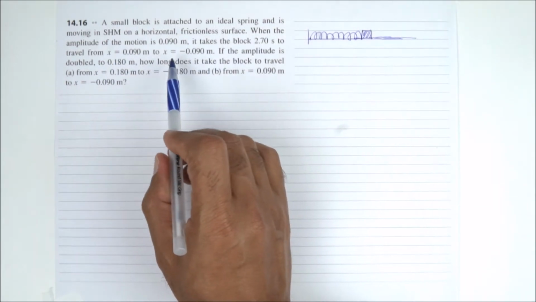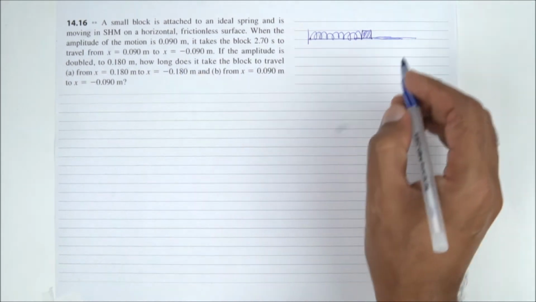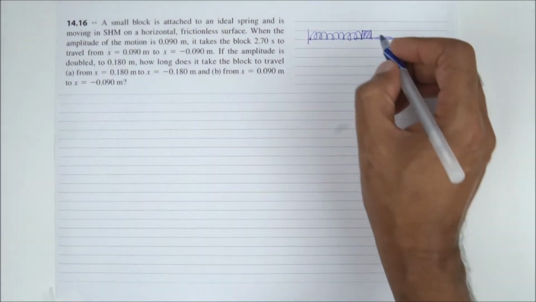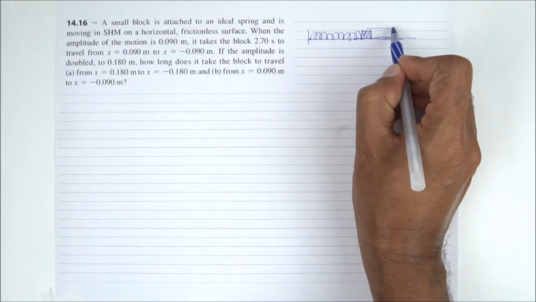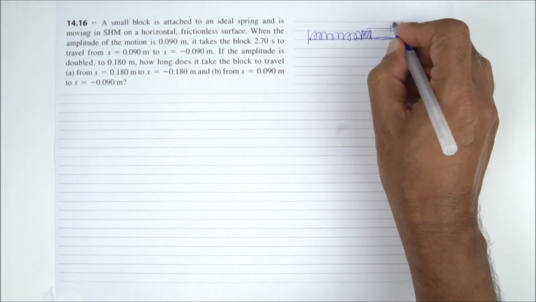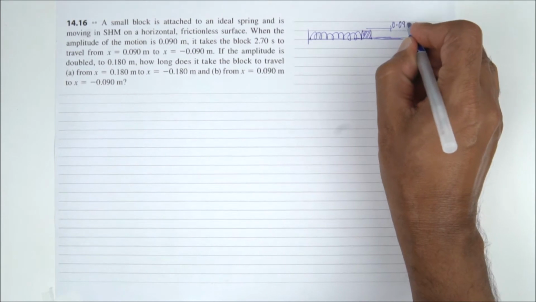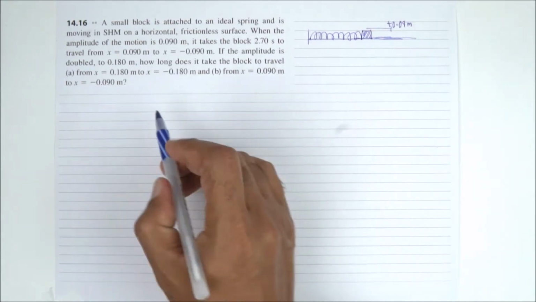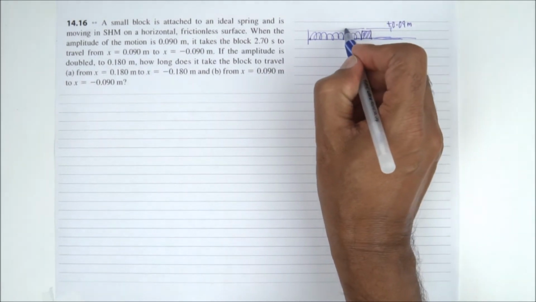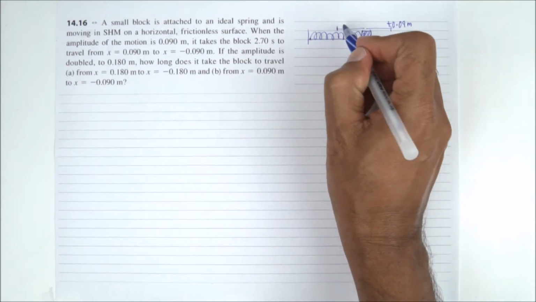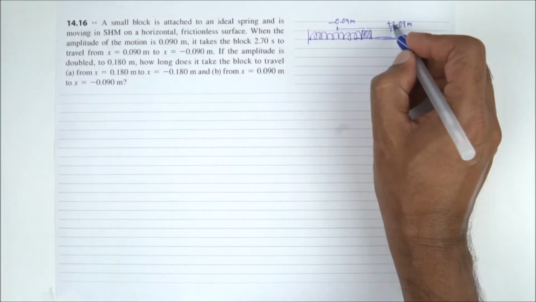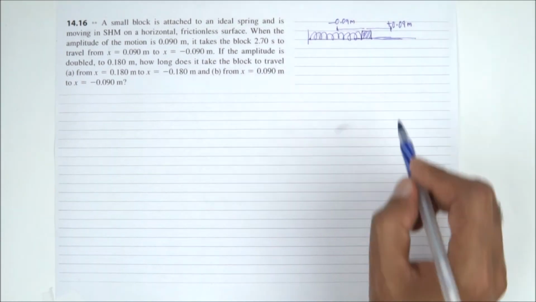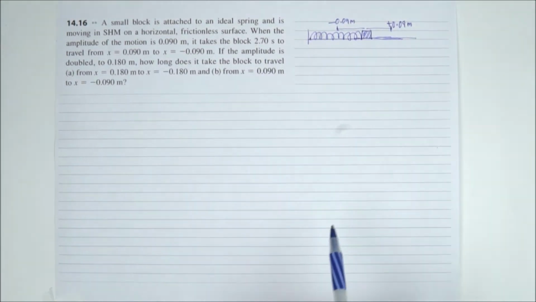Initially the amplitude is 0.09 meters. So to go from here to here, it's 0.09 meters, and it will also go the same distance back, negative 0.09 meters. To go from here to here, it takes 2.7 seconds.